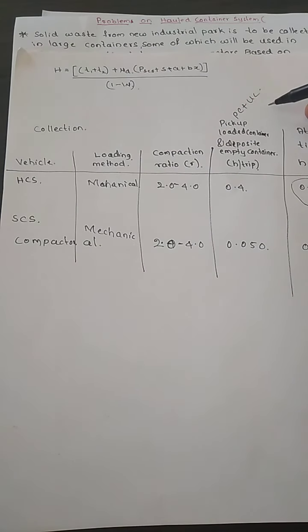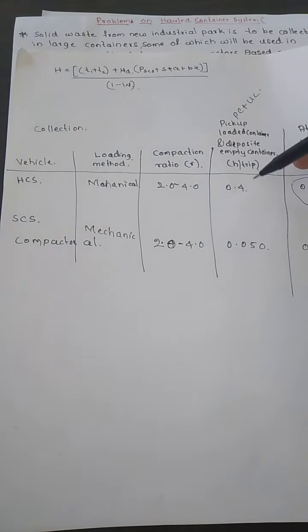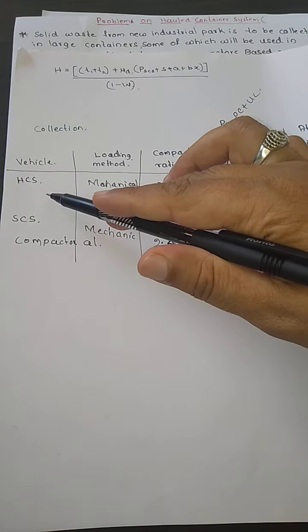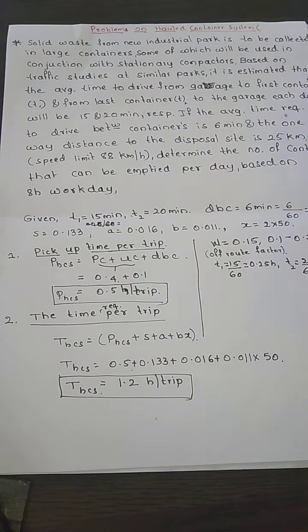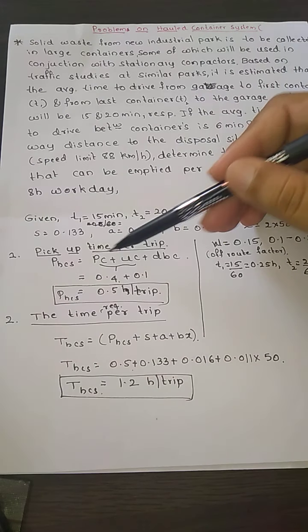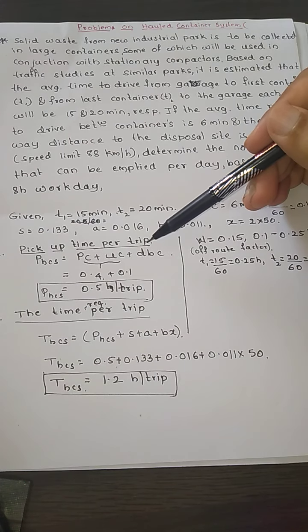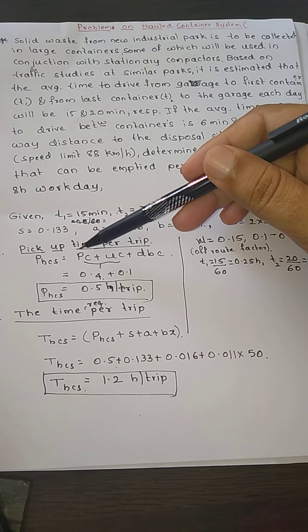So PC plus UC value we will be taking as 0.4, and at site time we are going to take 0.133 for hauled container system, and for stationary container system we are going to take it as 0.1.